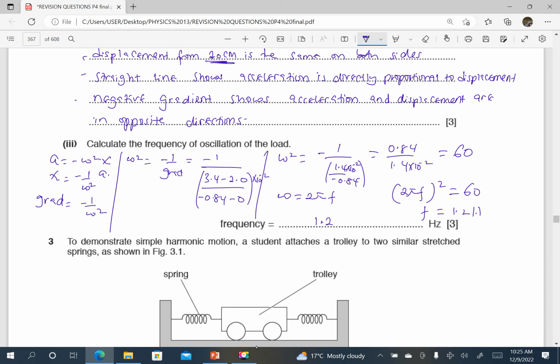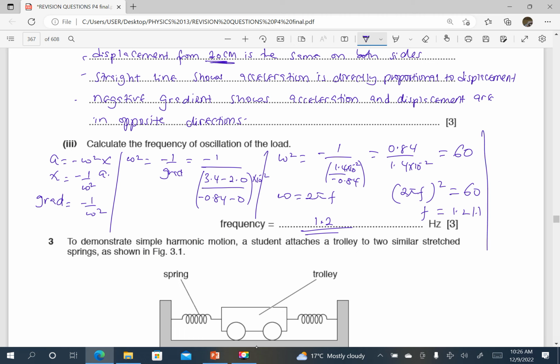Omega squared is 60, I find the root. Yeah, that is 1.2.